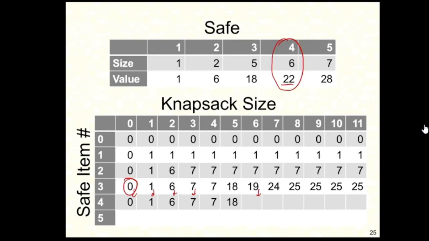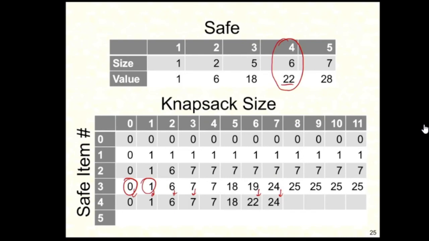So I say 19 plus nothing or 0 plus 22. Let's put a 22 there. All right, next one. I could say, okay, I could do 24 plus nothing or 1 plus 22. Now picking it is not the choice. Not picking it is better. So I'd have a 24 there because 24 is better than 1 plus 22.